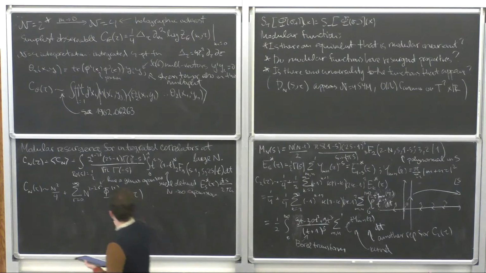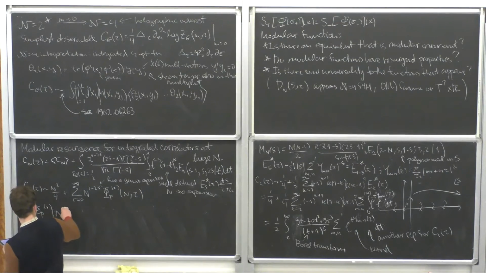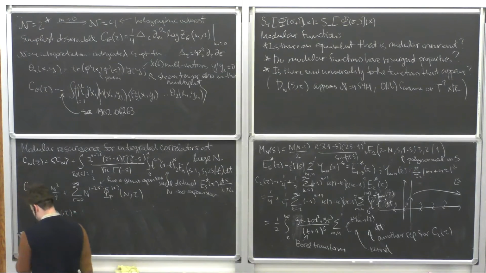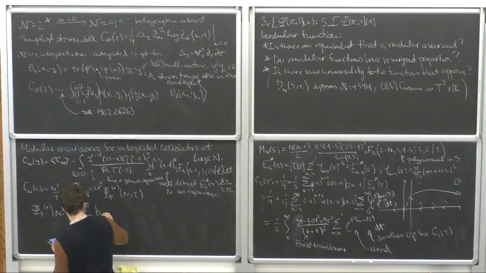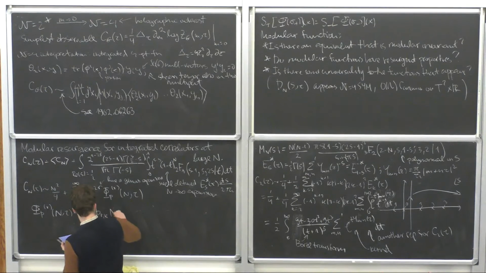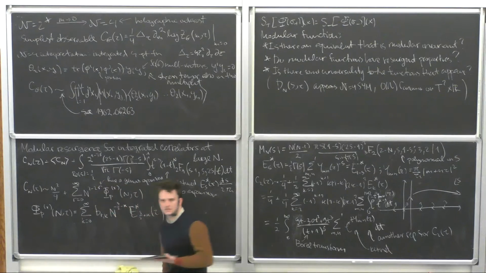And in particular, these phi perturbative r are again formal power series, but they're this time a bit different. So there's some sum k is 0 to infinity, some b r comma k, n to the minus 3/2 minus k, E star 3/2 plus k of tau.